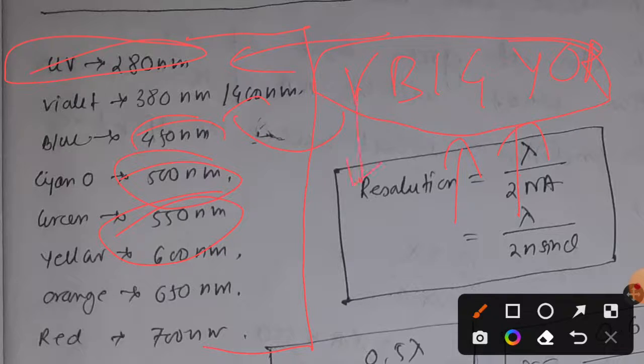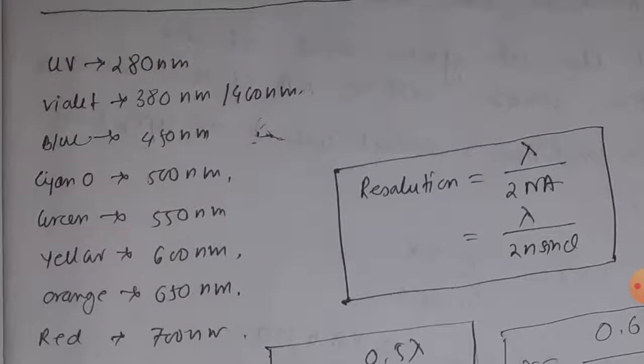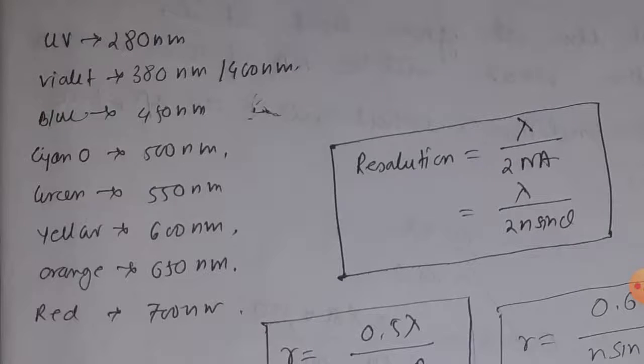That means you start violet with 400, add 50, 450, add 50 again, then cyan will be 500, add 50 again, 550, add 50 again, 600, add 50 again, orange 650, and the last one, that is 700. That's how you can easily remember the wavelengths of the visible lights.